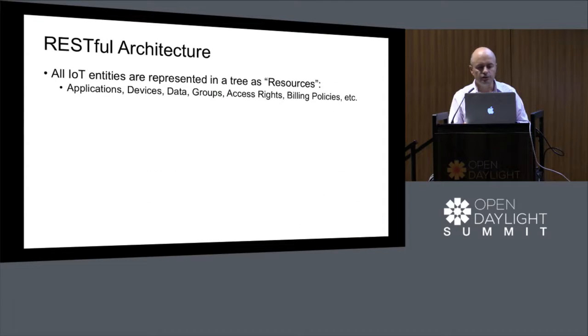In RESTful architectures, all entities are represented as a resource in a tree. So an application is represented as a resource, as are a device, a data group, and access control lists. This IoT tree holds everything you need to create your solution.